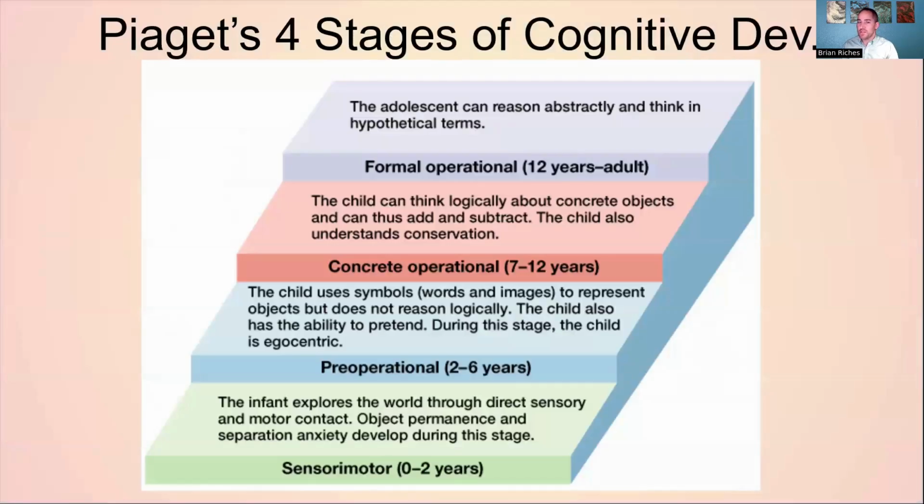So here's some of Piaget's stages. We've got sensory motor early on in life, pre-operational in still early childhood. Then as we get towards adolescence, concrete operational. And then for Piaget specifically, after you get to be about 12 years old, your brain has kind of figured out how to do its processing and you don't have any more change after that. Not actually the case.